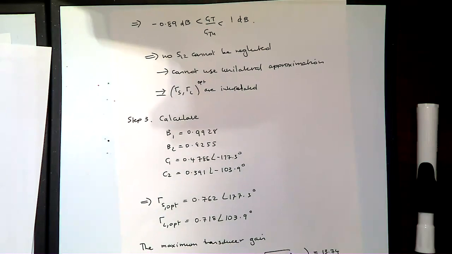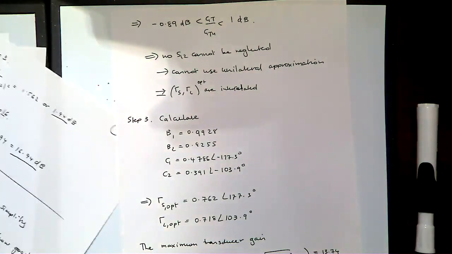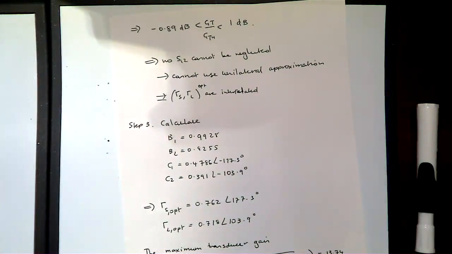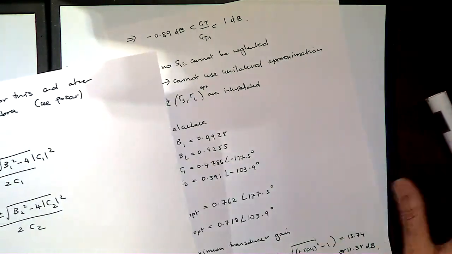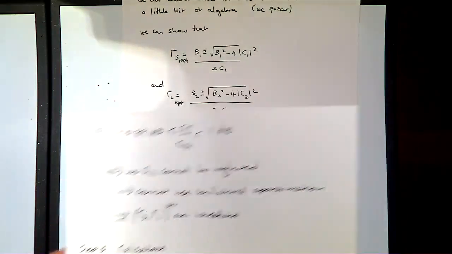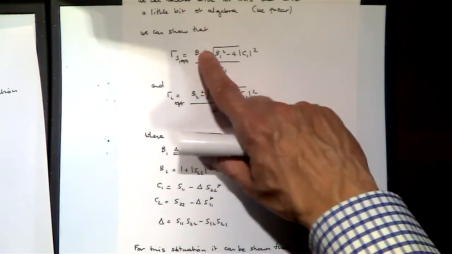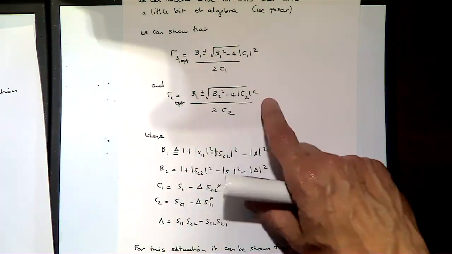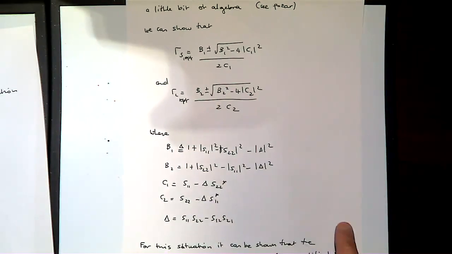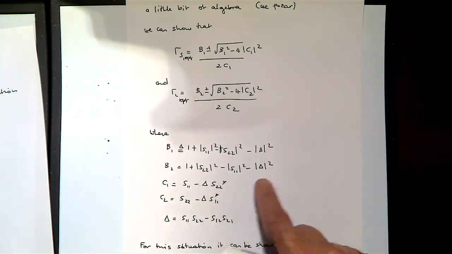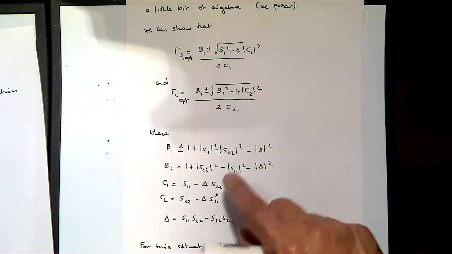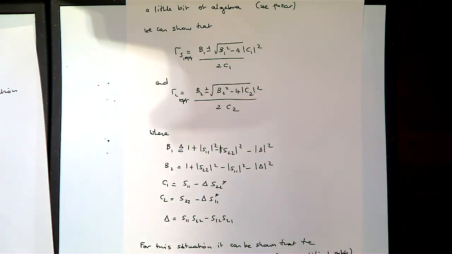In order to do that, I've given you a set of formulae to calculate the optimal source reflection coefficient and load coefficient, and I've written them in terms of these quantities called B1, B2, C1 and C2, where B1 and B2 are given by the following formulae, and delta is S11 S22 minus S12 multiplied by S21.